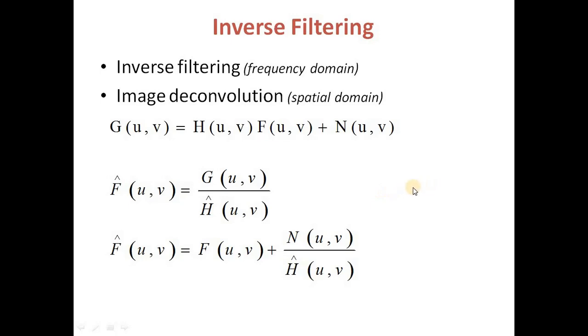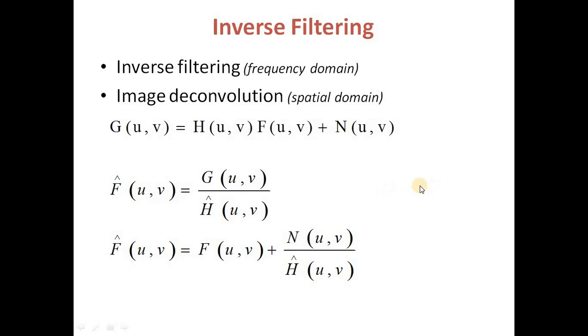It is something like when we do convolution in the spatial domain, it is equivalent to multiplication in the Fourier or frequency domain. Similarly, the division that takes place here in Fourier domain is equivalent to the deconvolution process in the spatial domain.